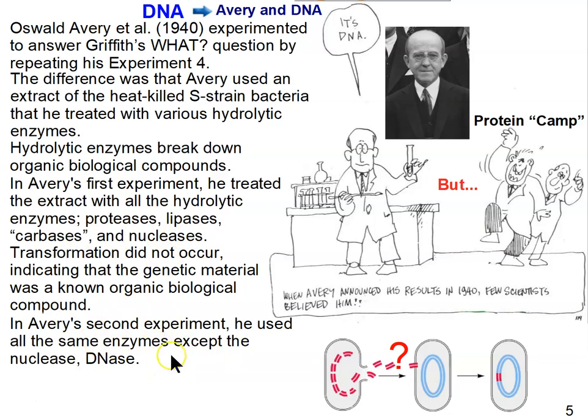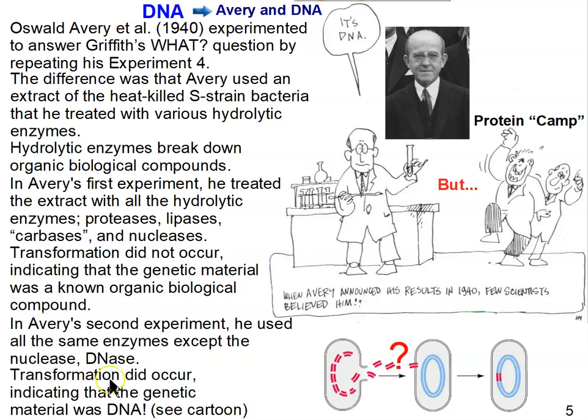But in his second experiment, he left out the nuclease. Well, actually, no, he used a specific nuclease that was DNase. In other words, he left out the enzyme that specifically broke down DNA.